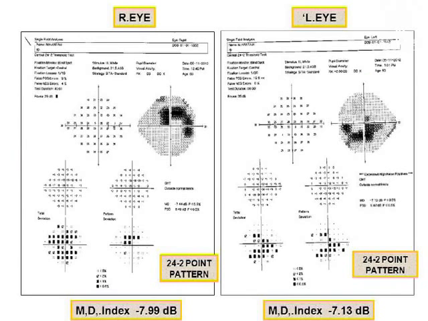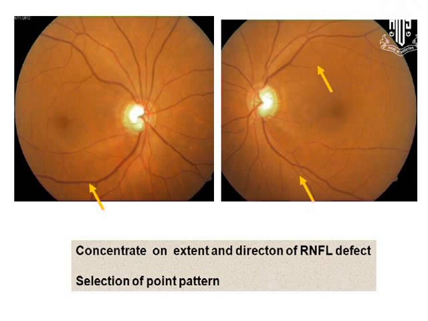With 24-2, as usual, the fields were taken with a mean deviation of -7. But if you carefully examine the fundus, almost this is approaching towards the fovea.